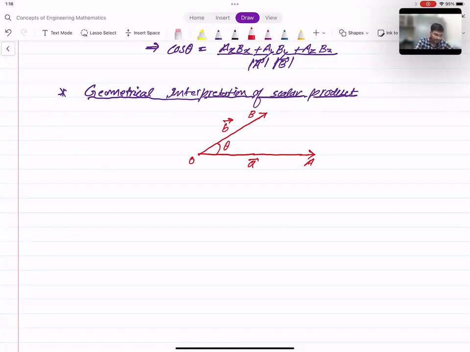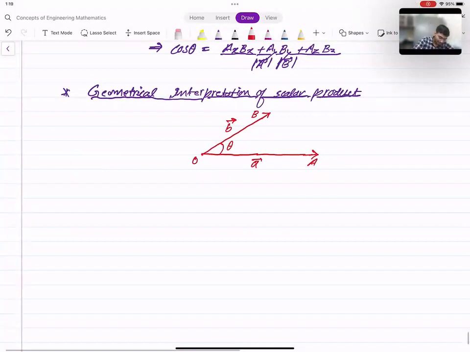So suppose our first vector is OA, then the scalar product is the multiplication of the length of the first. This is vector A dot vector B.